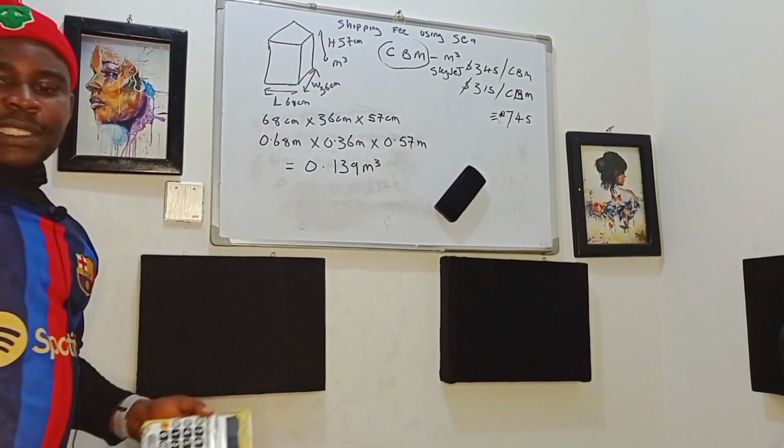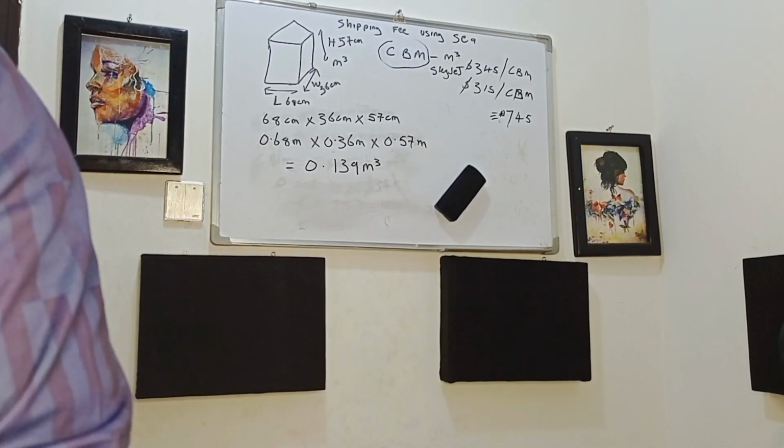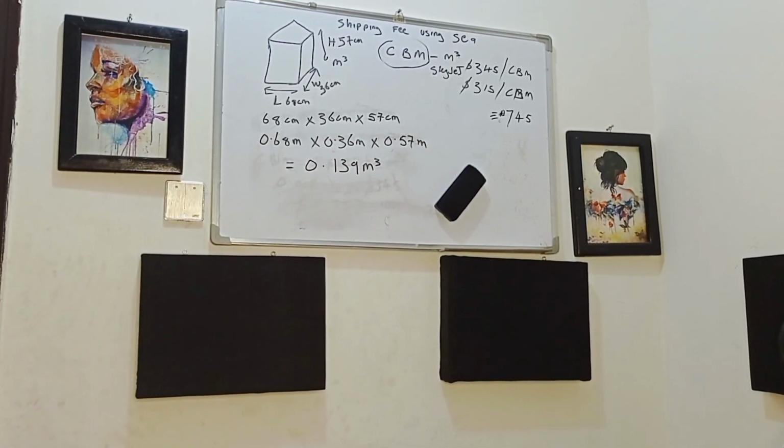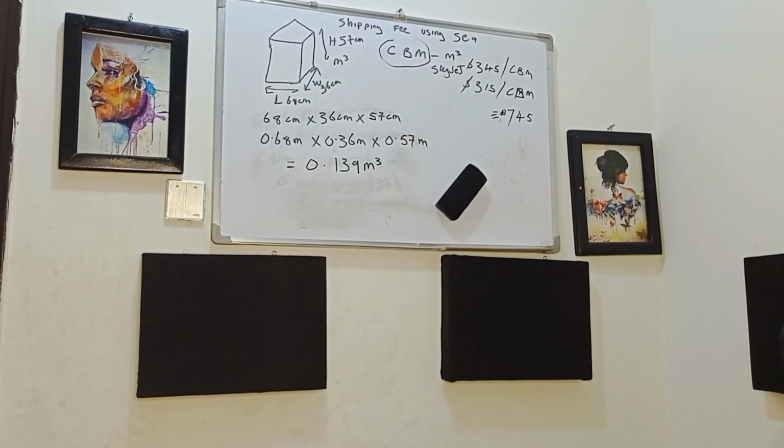So this is the CBM of that carton, that big carton you just saw. That is the volume of that big carton you just saw.